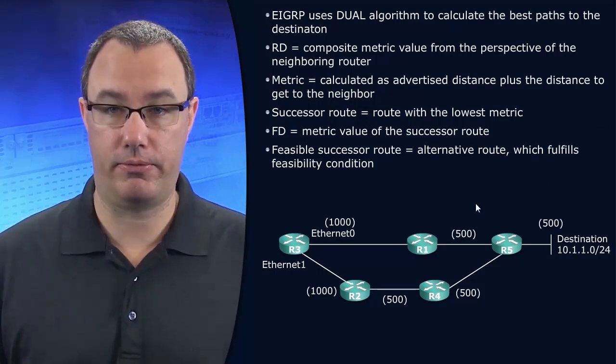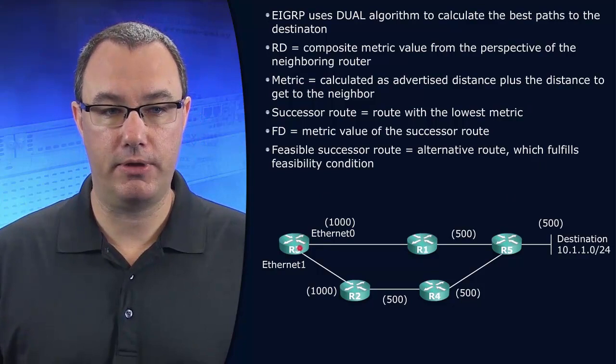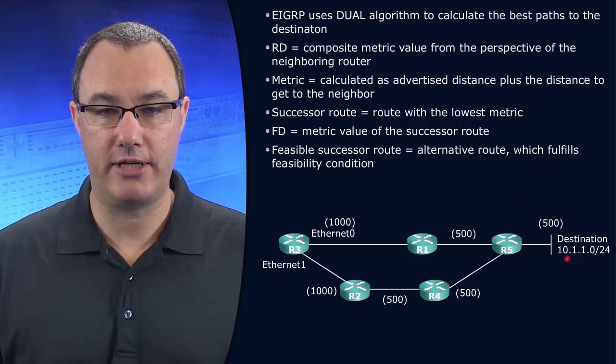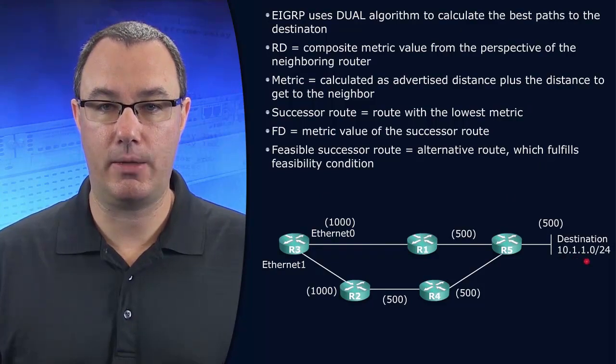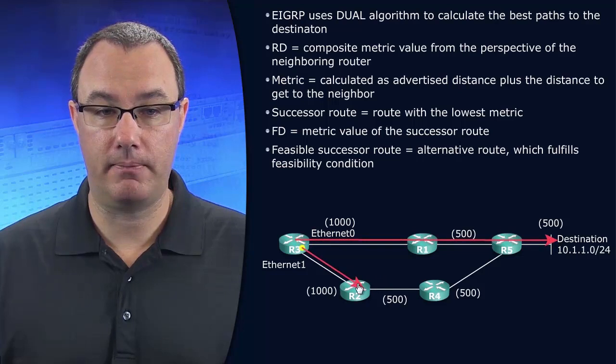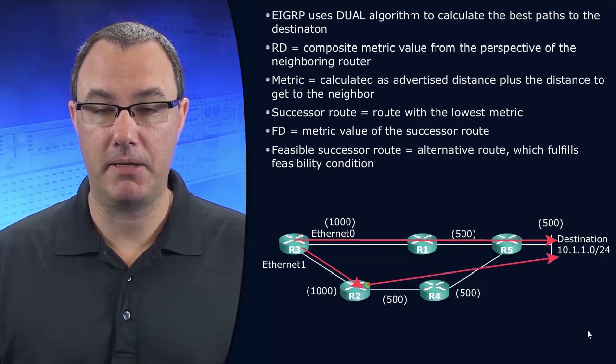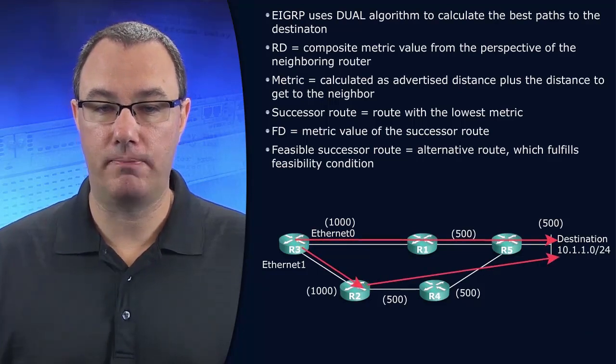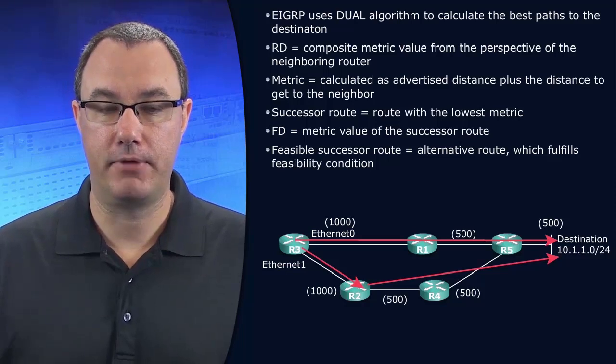Let's say we're R3 trying to get to the 10.1.0 network. There are two different pathways, are there not? We can get there via the top pathway, or we can bounce around a little bit further and go through the bottom pathway.